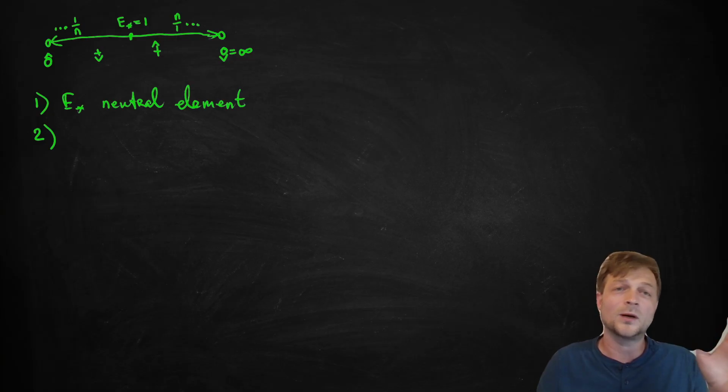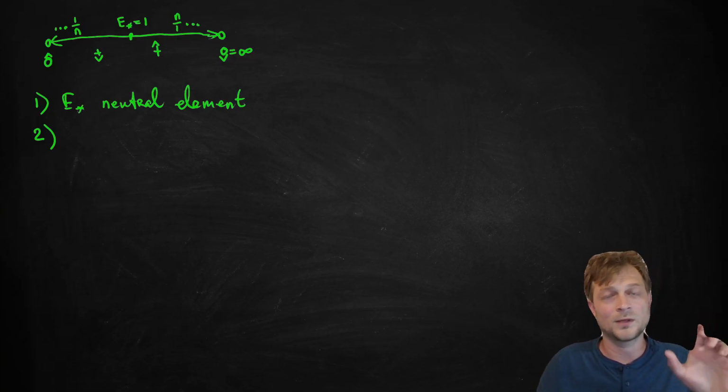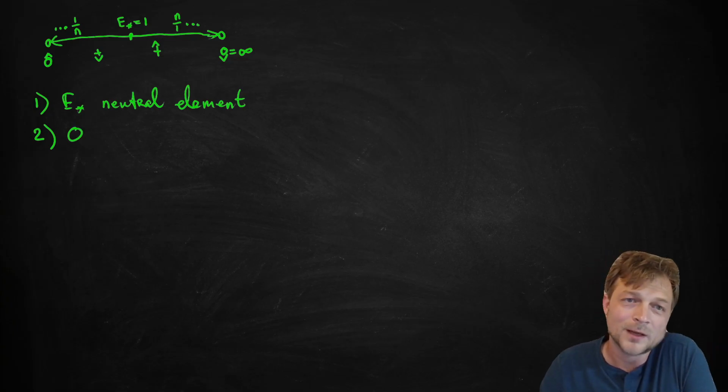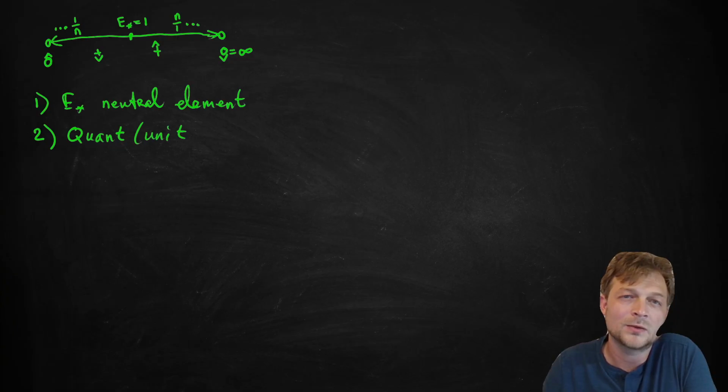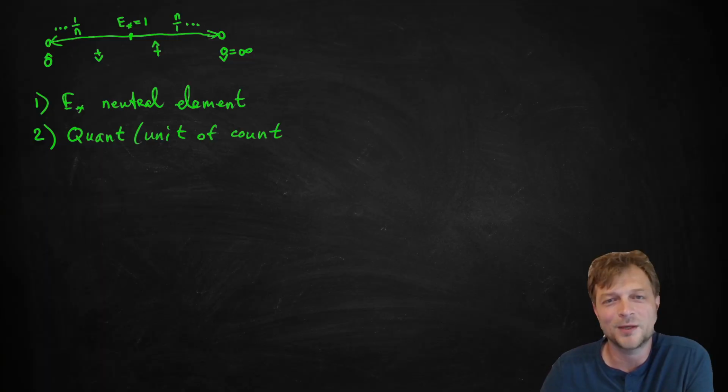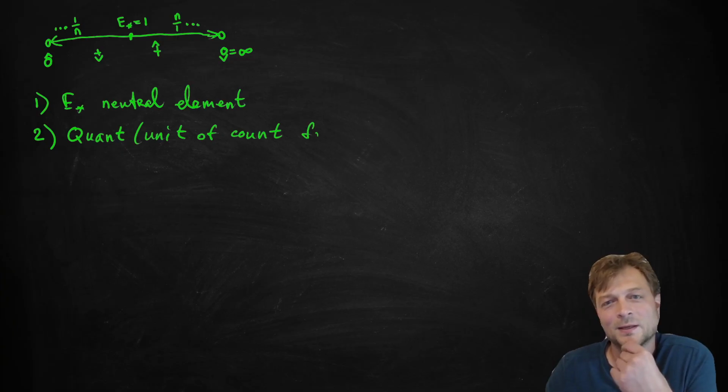So I call it quant because it is a unit that we use for counting. So for example, object 3, it will consist of ones. So I think that's an aspect that I want to note: quant, unit of count. But counting actually happens with the plus operations, so that's a quant for plus operation.